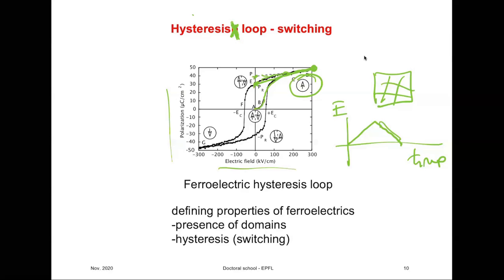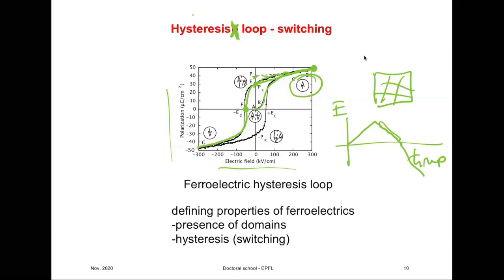And then if we start going with the field down, some of the domains will be oriented against the field. At some point, which is called the coercive field, approximately half of the domains will be oriented along the field direction and half against, so the polarization will be equal to 0. That's called the coercive field.